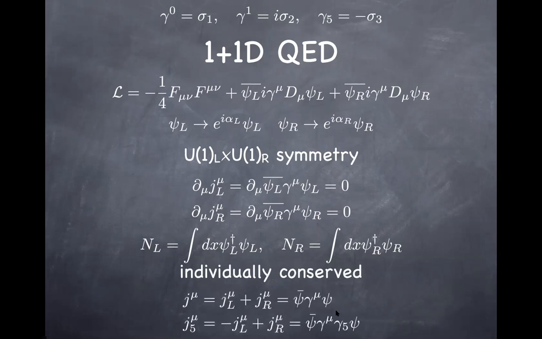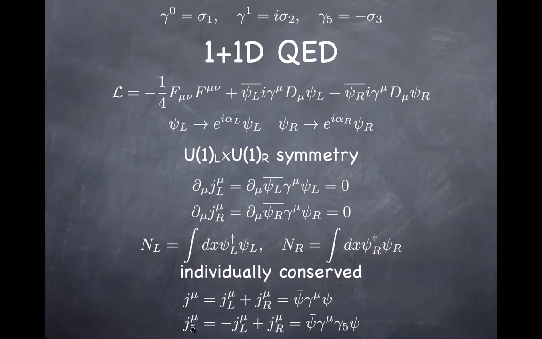And we often take two linear combinations of them. If you add left-handed and right-handed together, that gives me psi bar gamma mu psi, and that is the vector current. And this vector current is what couples to electromagnetism. So certainly this vector current has to be conserved. On the other hand, the other opposite linear combination of them is psi bar gamma mu gamma 5 psi, which is called the axial current.